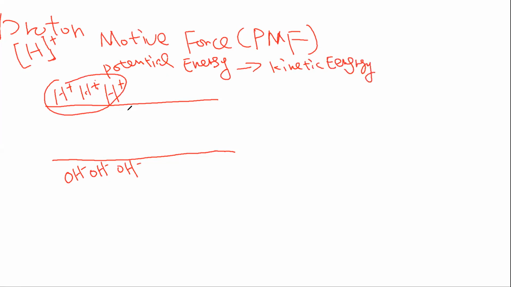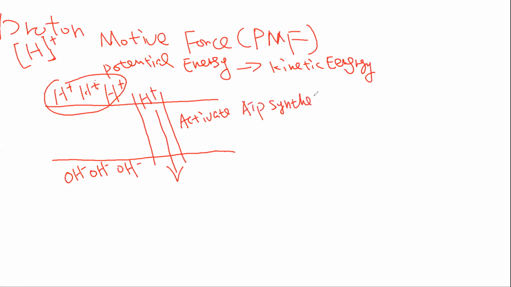So how does that happen? Once you have a higher concentration here, there is a channel, and these hydrogen ions will go inside. At the same time, they will activate ATP synthase, which is an enzyme.